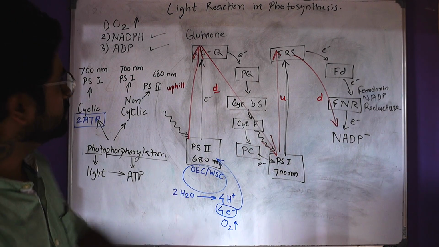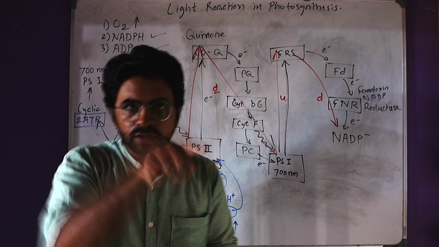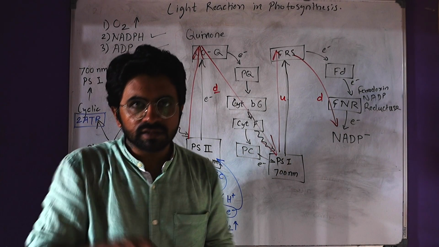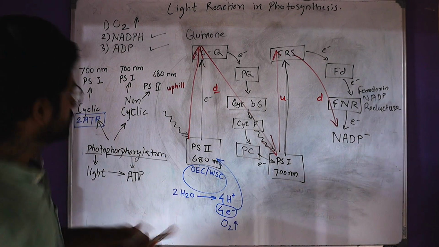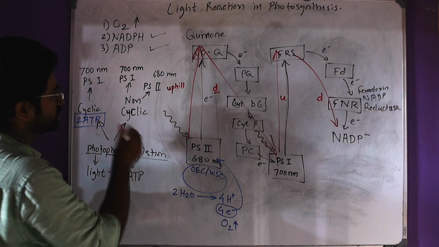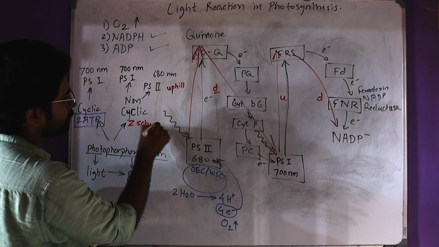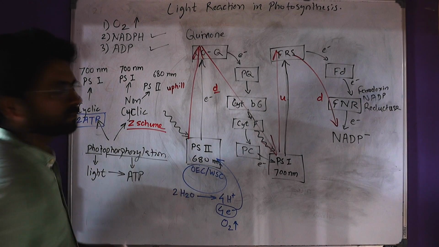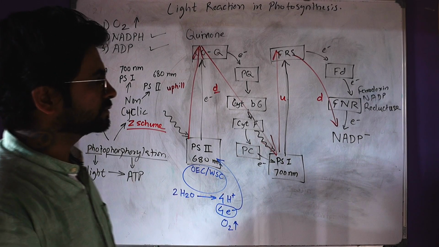So here we can see that a Z is formed, a zigzag line. That's why this non-cyclic photophosphorylation is also known as the Z scheme, because of the way the electron flows in a zigzag manner.